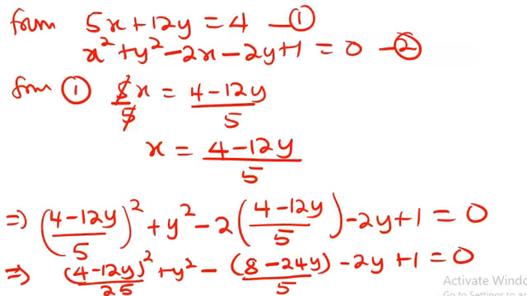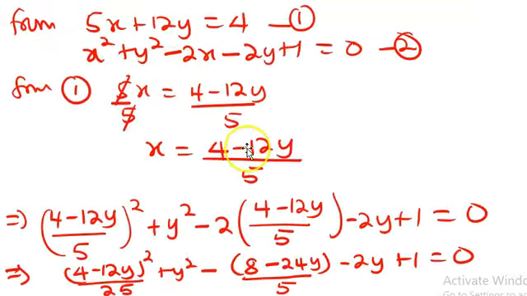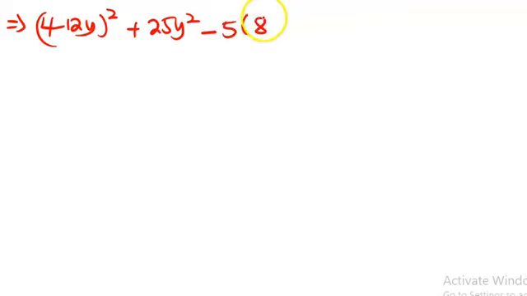Okay, let's continue further. Let's multiply through by 25, which is the LCM. So we're going to get (4 minus 12y) all squared plus 25y squared minus, over here when we multiply by 25, 5 will go into 25 5 times. So we'll be left with 5 times (8 minus 24y).